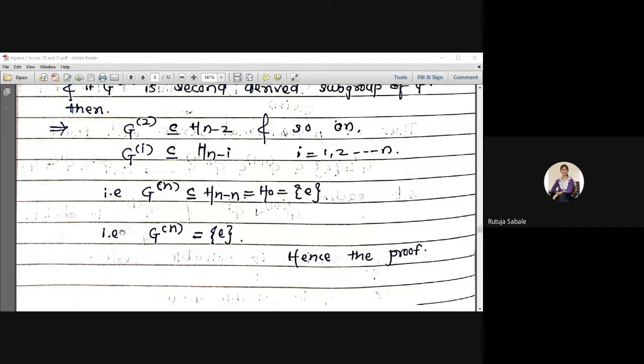For n equal to 2, G2 is equal to singleton E. Hence G is a solvable group. Hence Q8 is a solvable group.